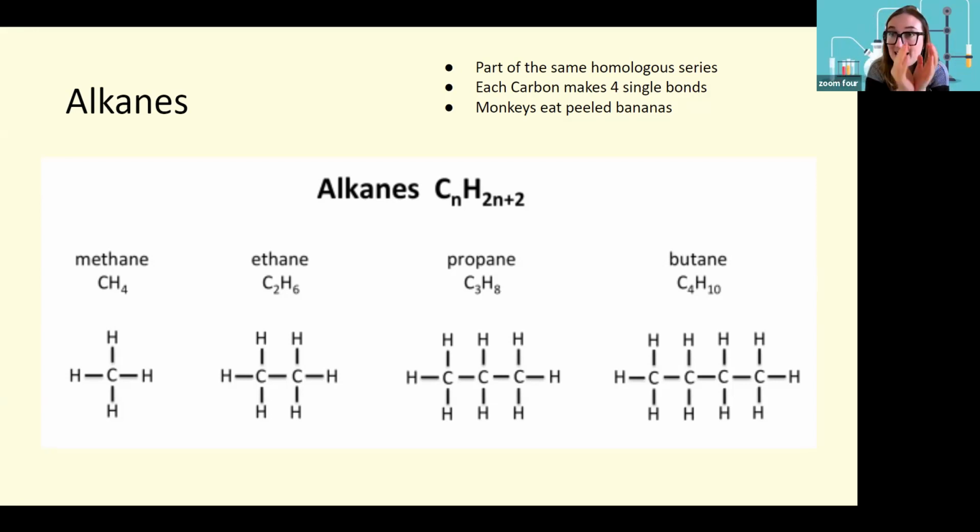We know that n is 8 because I've just told you that. So how many hydrogens would there be? Fantastic. So 2 times 8 is 16, plus 2 would give you 18 hydrogens.